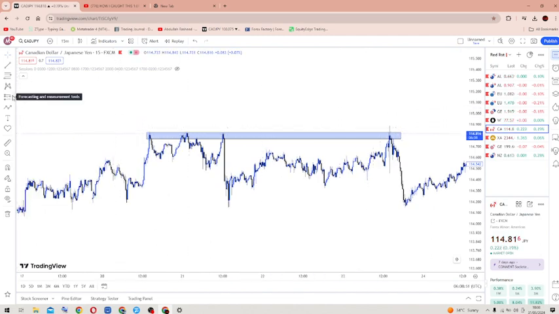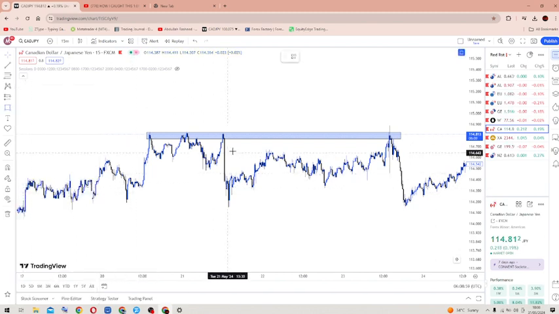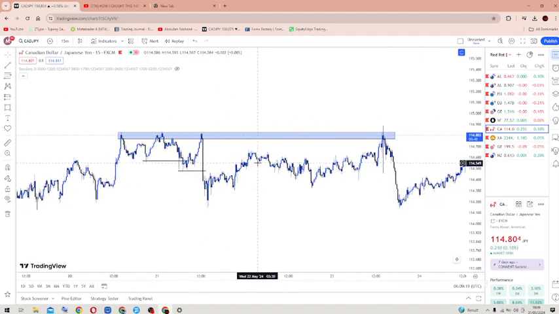So when price broke this structure, this one over here, when price broke this structure, then it confirmed that we had a change of structure, then we had a break of structure. Then I knew that when price comes here, we're going to sell again.